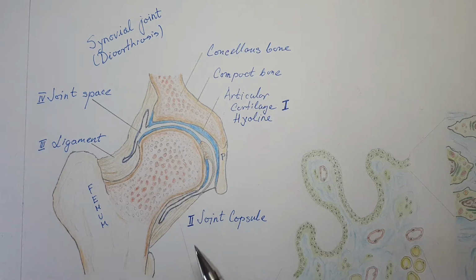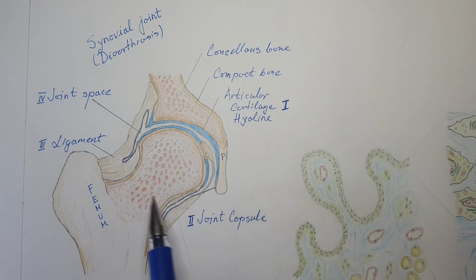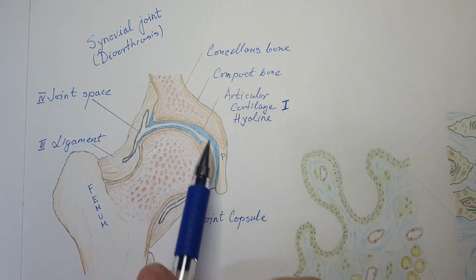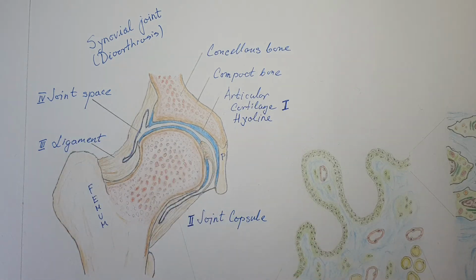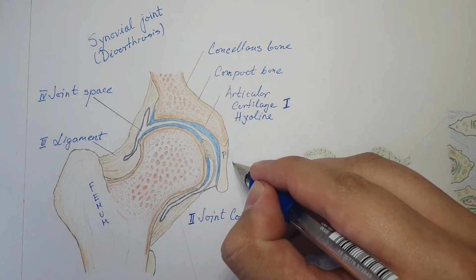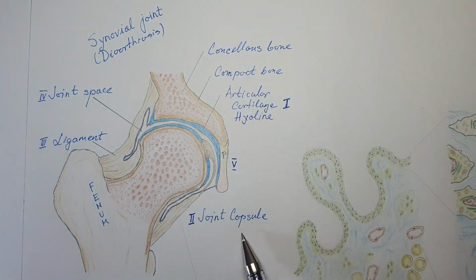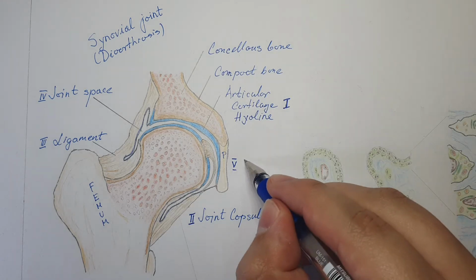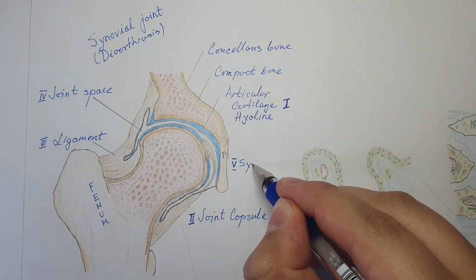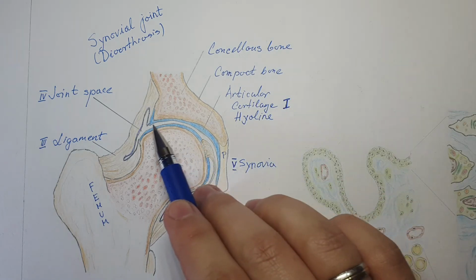So these are the cartilage, the joint capsule, the ligaments and the joint space, the important elements of the joint. A fifth element that is also important, but that is produced by parts of the joint capsule, is the synovial fluid or the synovia. The synovia is present in the joint space.